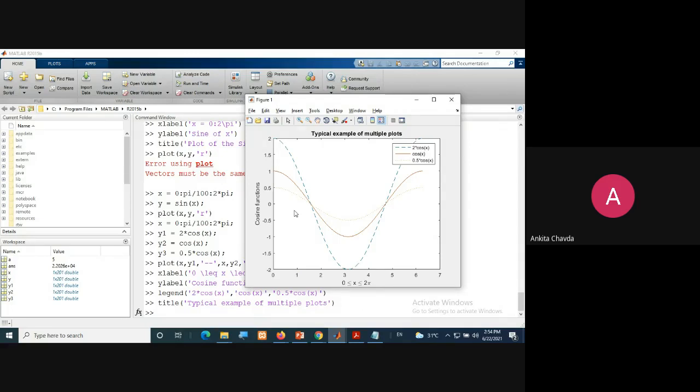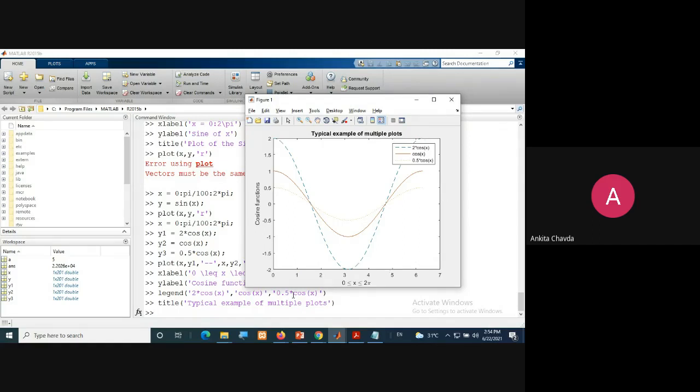But if I wish that here my values should be -3 to +3, and here my values should be between 0 to 2 pi only, means till here. These values are the extra ones.